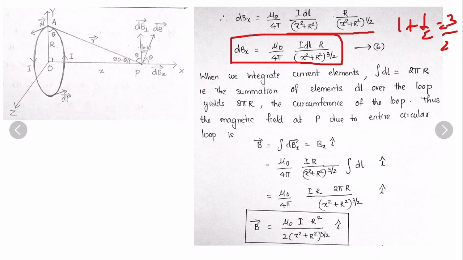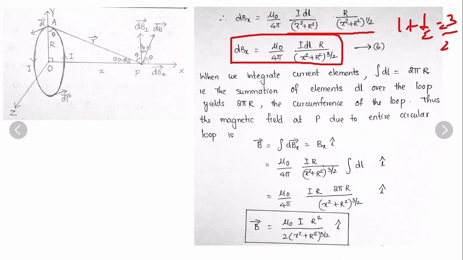Now when we integrate this formula for the full circle, I'm going to show you here: B vector is equal to the integration of dBx, that is along the x-axis, Bx into i cap, the unit vector along the x direction. Then mu 0 by 4 pi I into R divided by (x square plus r square) whole to the power of 3 by 2, integration of dl into i cap.